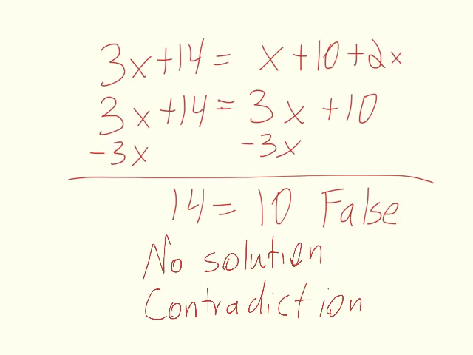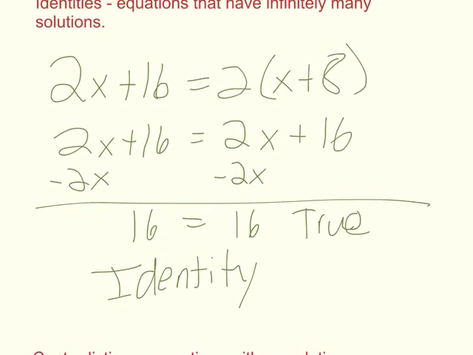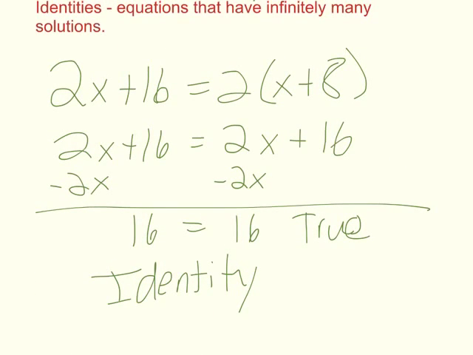And I believe I forgot to mention this before, but the identity can be answered by writing down the interval over which x will work, if you can figure out what it is. In instances where it is going to be all real numbers, then you can just put all real numbers down for the solution.